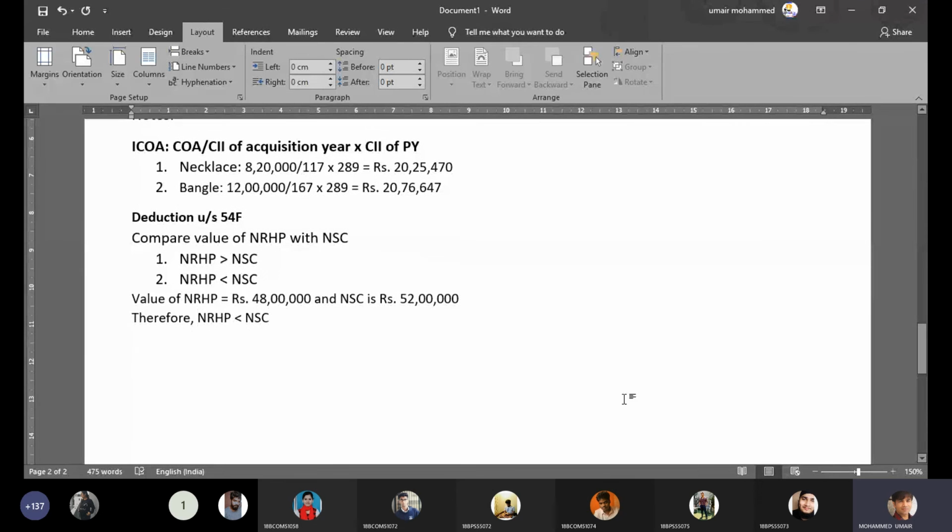So are we in situation 1 or 2? The value of the new residential house property is 48 lakhs and the net sale consideration is 52 lakhs. So the value of the new residential house property is lesser than the net sale consideration. Therefore we are in situation 2.